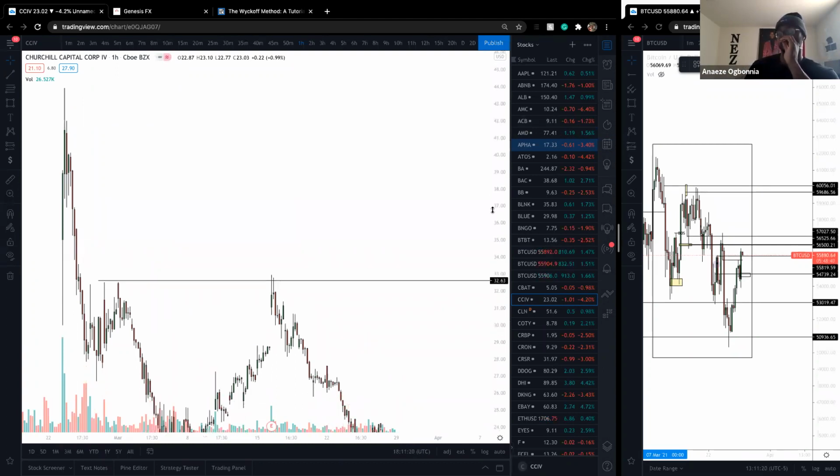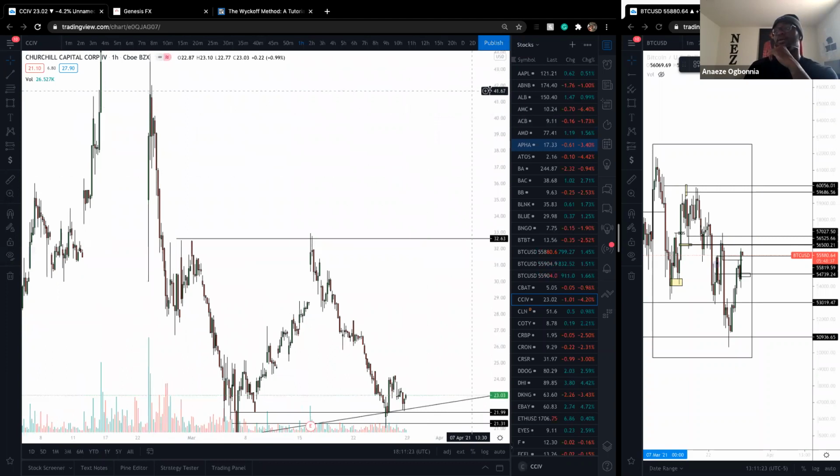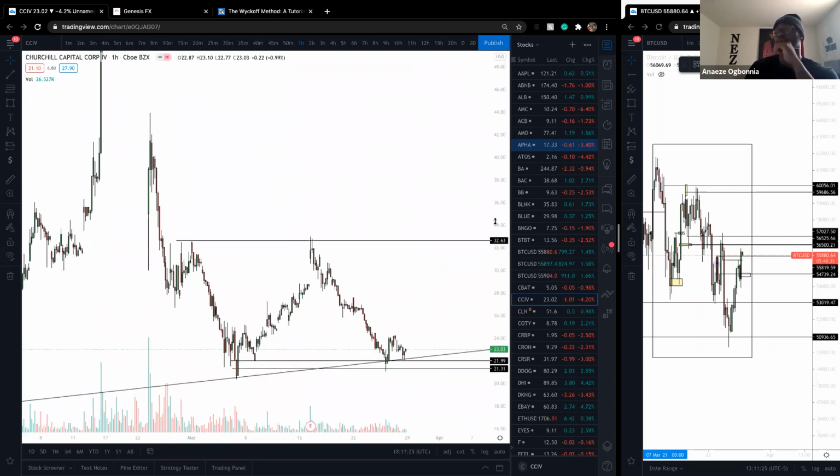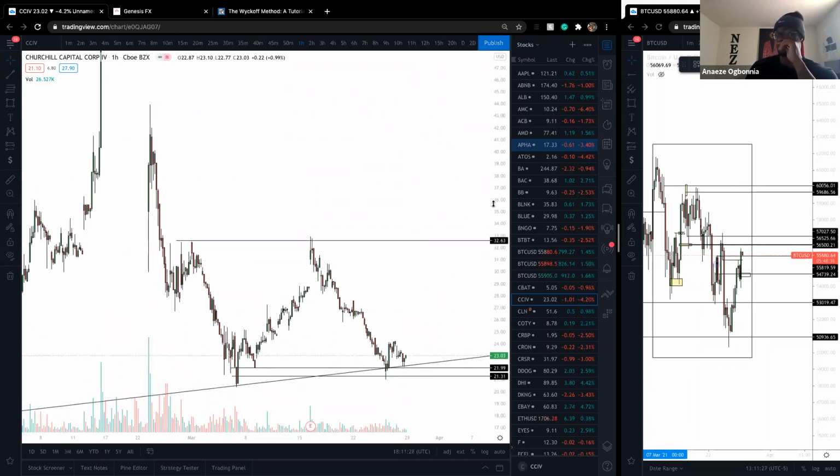But other than that, I have no idea why. I think it's still bearish for now, because like I said, I'm bearish in all tech stocks. So I can't say for sure. Because if this does come back up here and break structure, whatever then, you know.